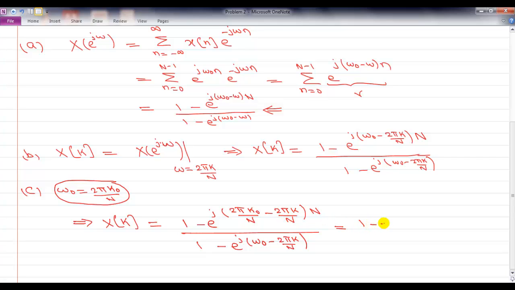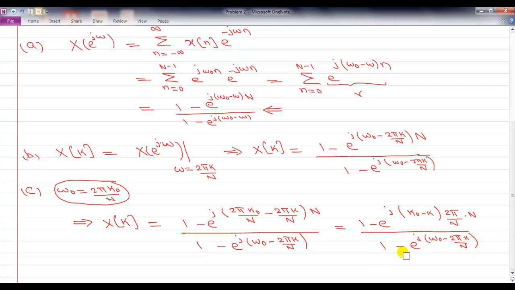So I get 1 minus e to the j, I am going to take 2 pi over N common, I get (k naught minus k) times 2 pi over N times N, over 1 minus e to the j (omega naught minus 2 pi k over N).